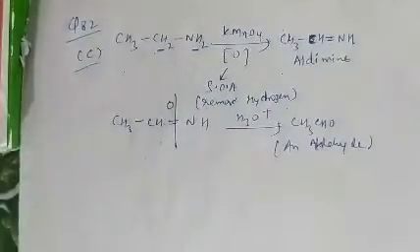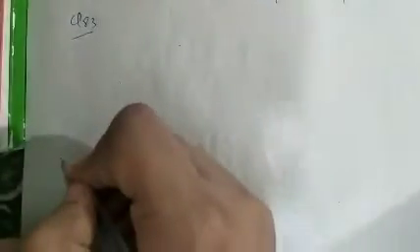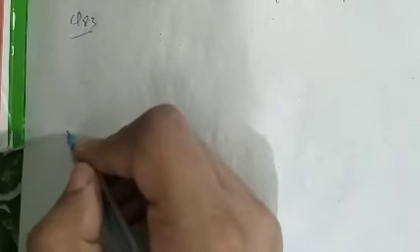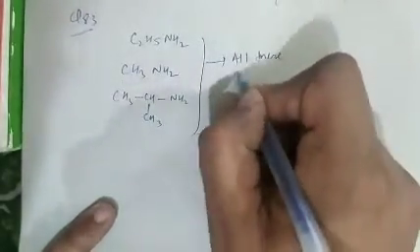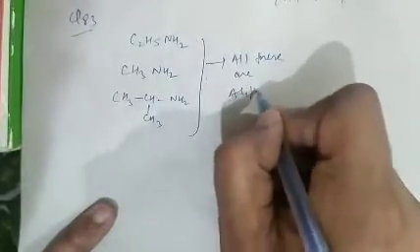See question number 83. In question number 83, what is given there? Which of the following will not give N2 gas on treatment with nitrous acid? As we can see, C2H5NH2 and CH3NH2 are all aliphatic amines.